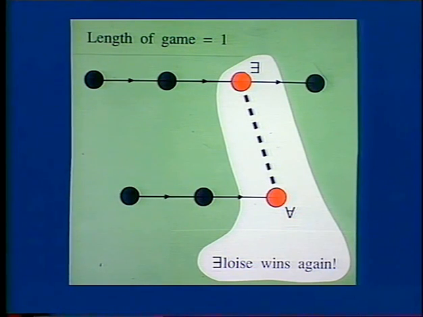Now, if you look at these two beadings and think about this game of length 1, you'll see that Eloise can always win it, because all she has to do is to find a bead of the same colour as the one that Abelard has chosen, but in the other beading. And since the two beadings both have red beads and black beads and no other colours, Eloise can always win.